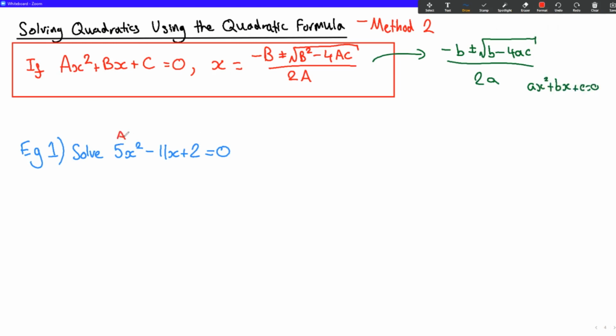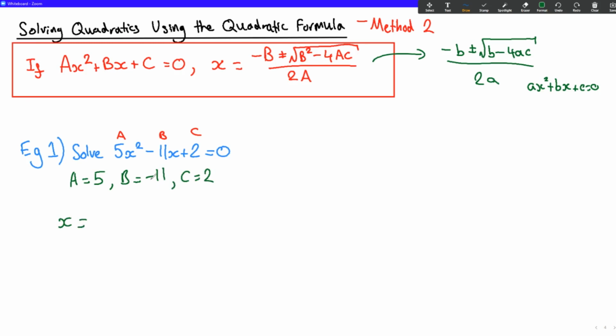Let's just write it out clearly. So a equals 5. Remember, b equals minus 11. And c equals 2. And now we can substitute these into this formula to find x.